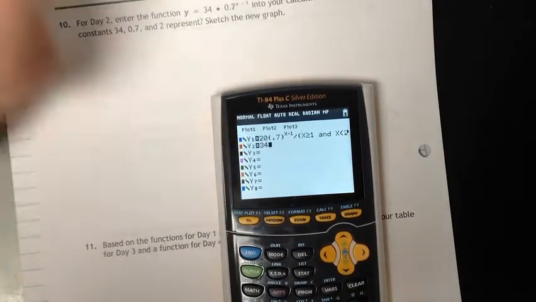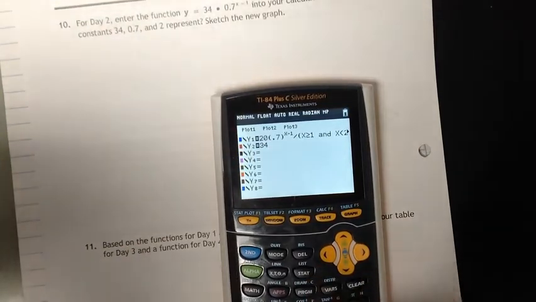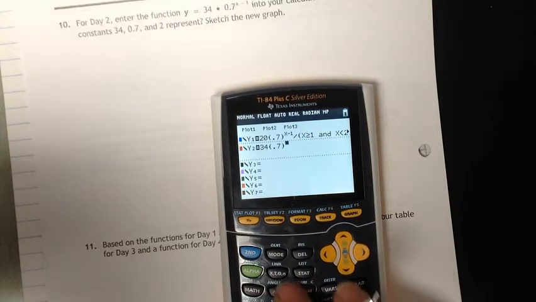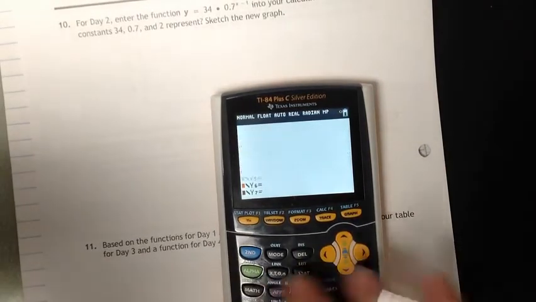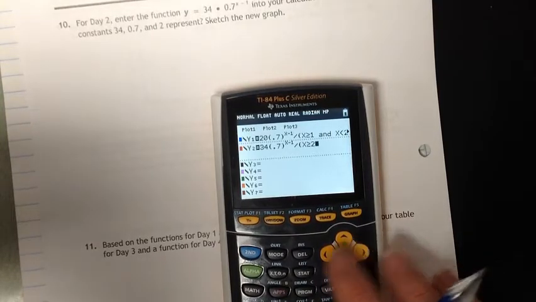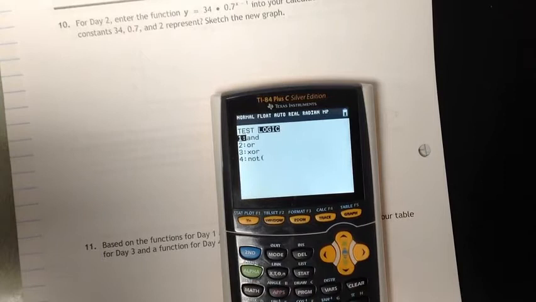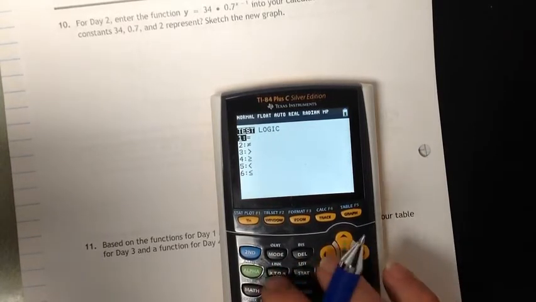They ended the day before with 14, took a 20 milligram pill, so now we're up to 34, times 0.7 to the x minus 1 again. And this time, divided by parentheses, I'm going to say x greater than or equal to 2, because this starts on day 2. Oh, I forgot to put my x.